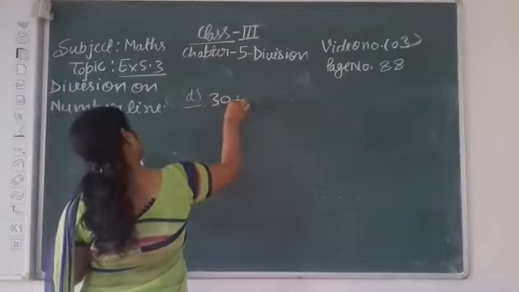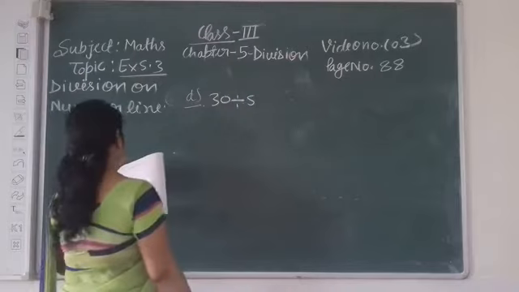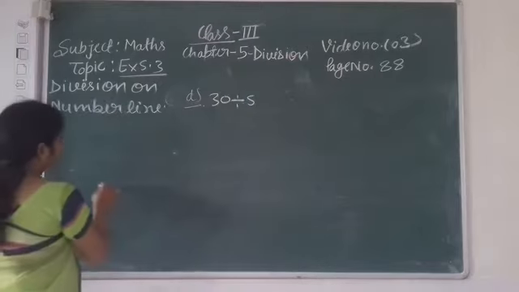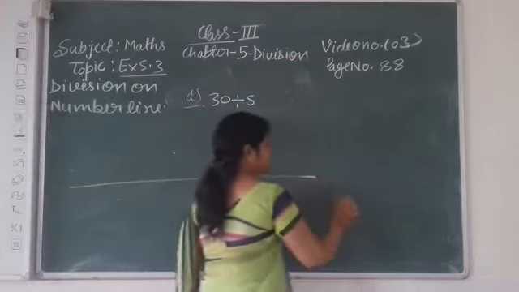30 divided by 5. So draw the number line.